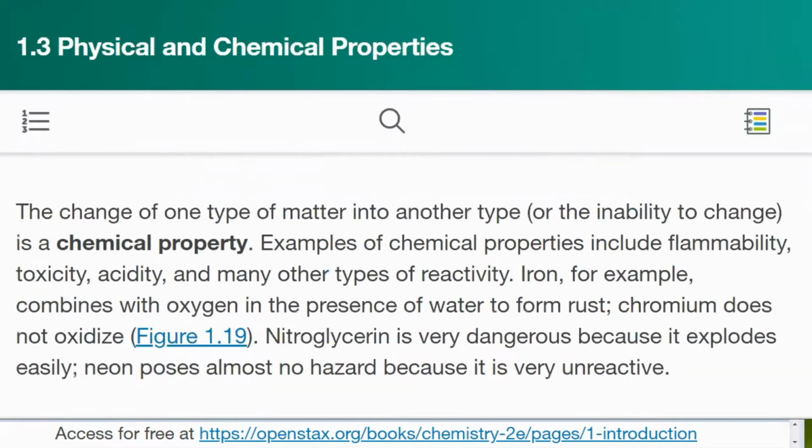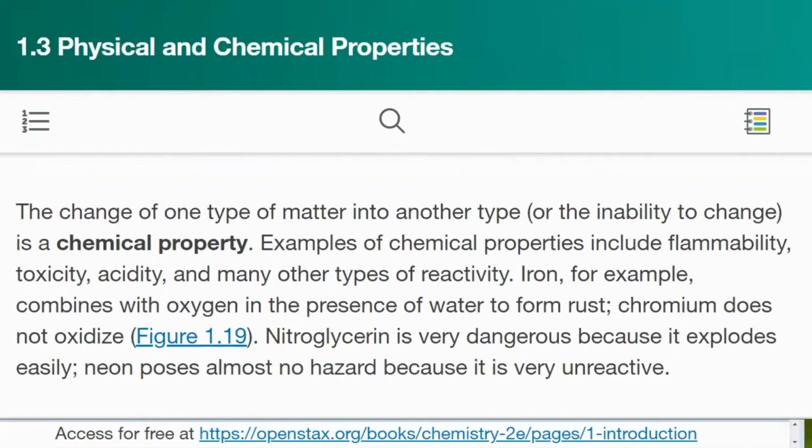The change of one type of matter into another type, or the inability to change, is a chemical property. Examples of chemical properties include flammability, toxicity, acidity, and many other types of reactivity. Let me read that again. The change of one type of matter into another type is a chemical property.